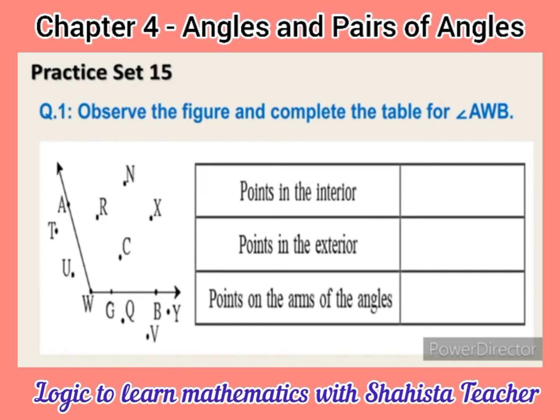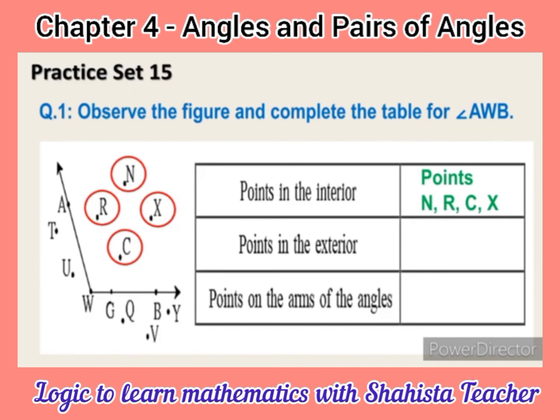Now we have to find points in the interior, that is N, R, X and C. Point N, point R, point X and point C, all these points are interior points. Is that clear, my dear students? So we can write here points N, R, C, X.